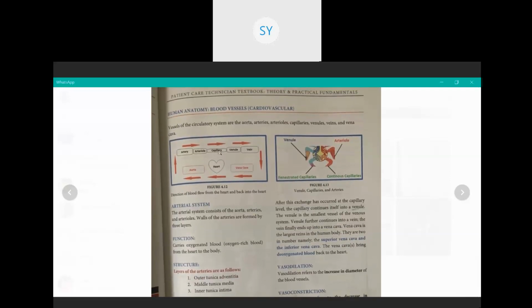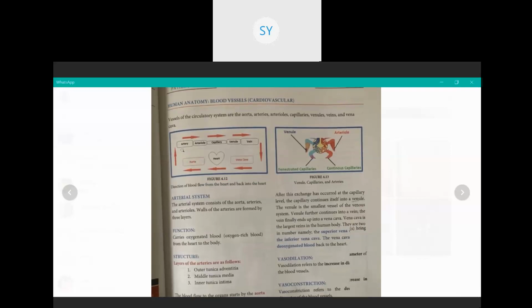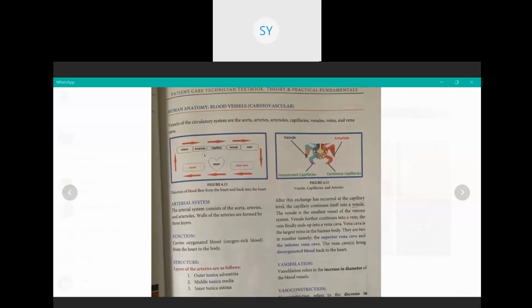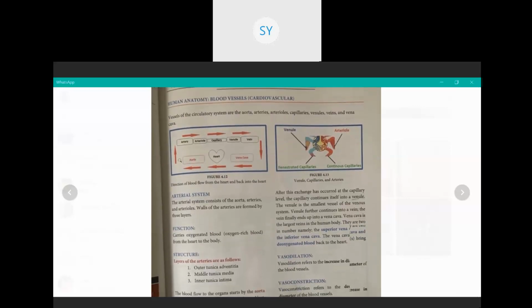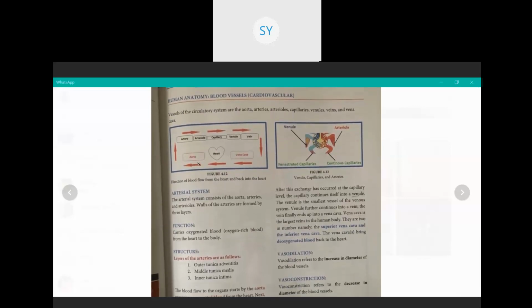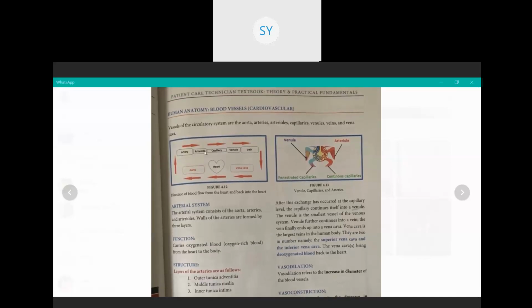So this one is taking the good blood, okay? When it comes here, in our body, when they circulate, they take some impure things and become deoxygenated. Up to this portion, this is called oxygenated. When it comes to the capillaries, it has already become deoxygenated.